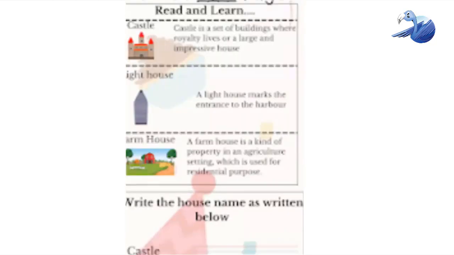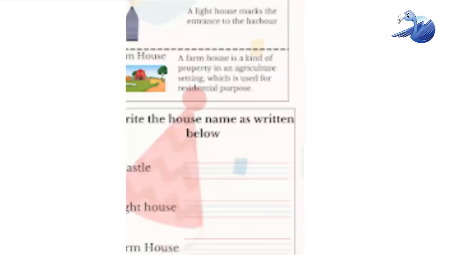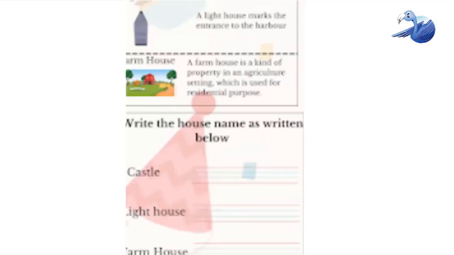A farmhouse is a kind of property in an agriculture setting which is used for residential purpose. Next is write the house name as written below.